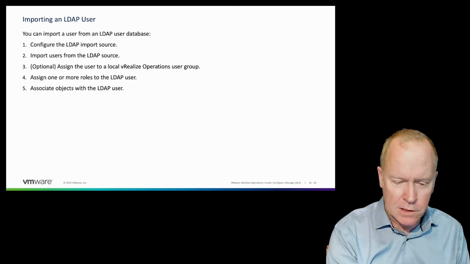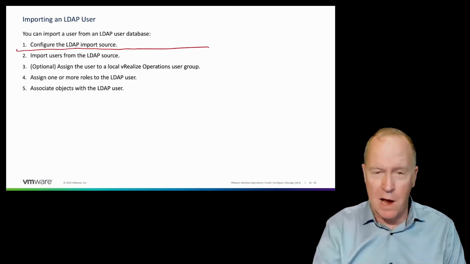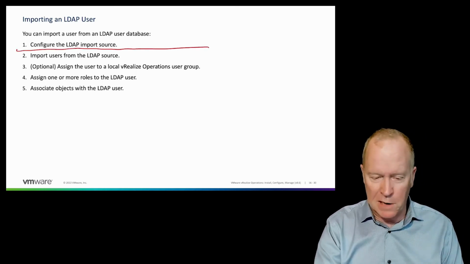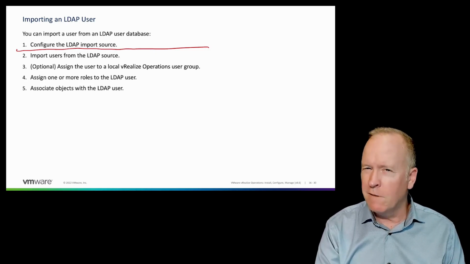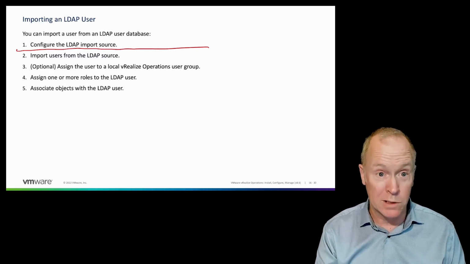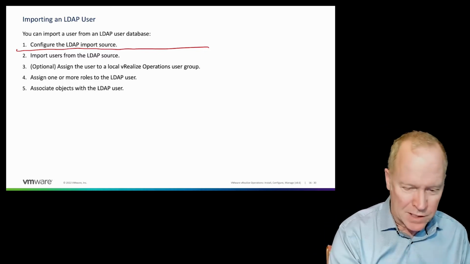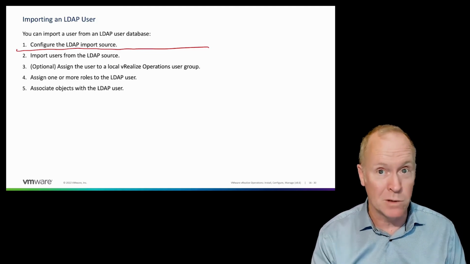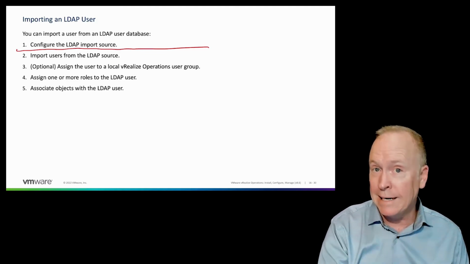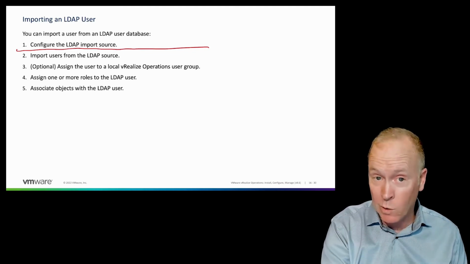Now, to draw this out a little more generally, steps 2 through 5 here are very similar to what you did when working with local users. Again, perhaps the one difference being here we're going to import the LDAP user, whereas before we added or created a local user.